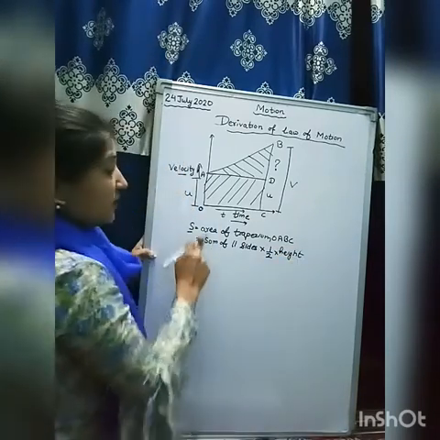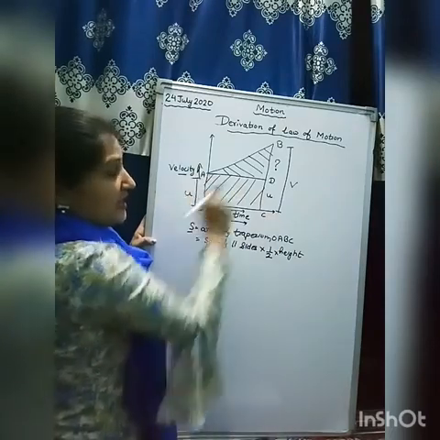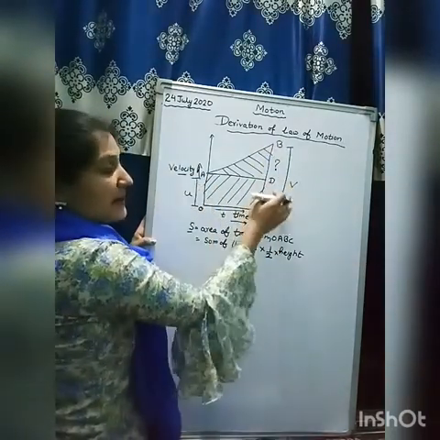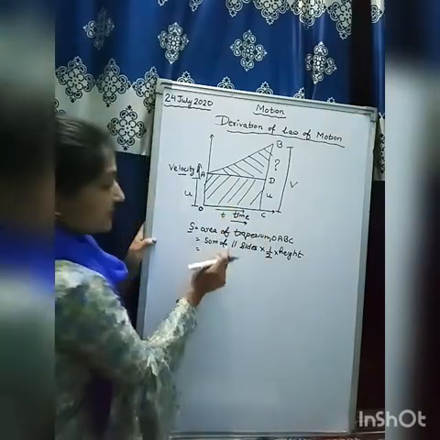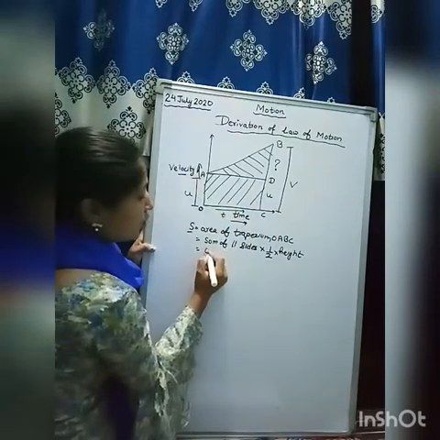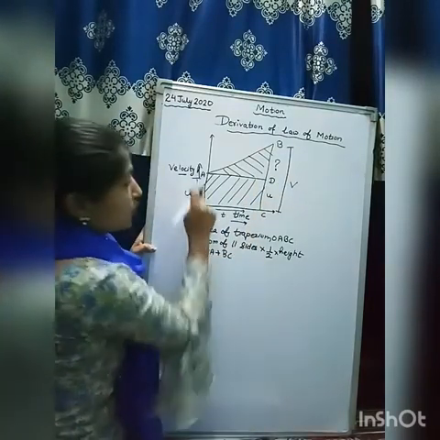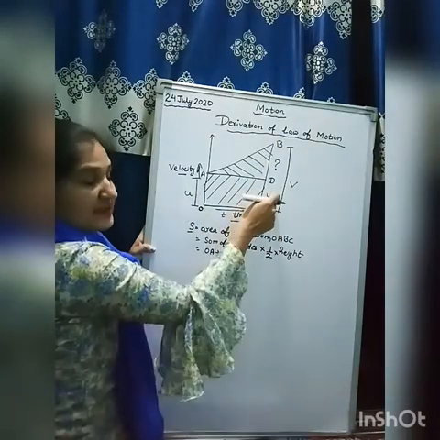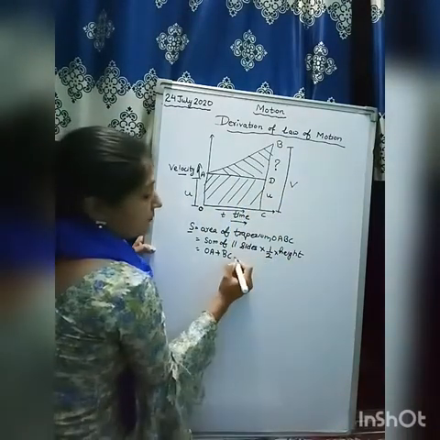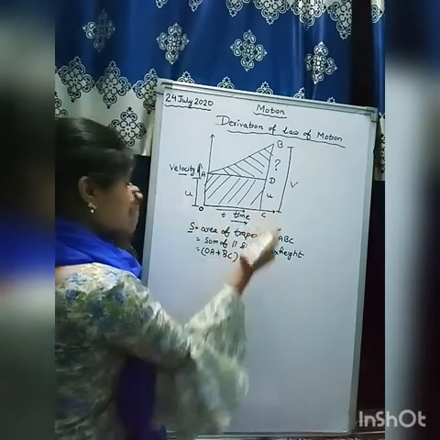Now in this case, which are the parallel sides? OA and BC are the parallel sides, and this is the height. So the sum of parallel sides means OA plus BC, and half into height is OC.